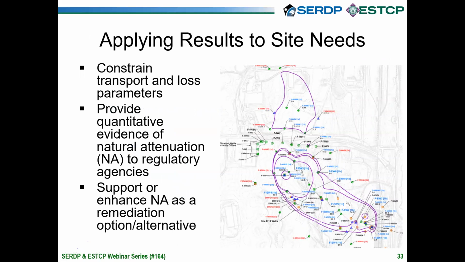Okay, so we can start thinking about how we can apply this to different sites, right? So here are some of the benefits that you get from the work that we've done, constraining these reaction parameters, providing some additional evidence for natural attenuation. But let's just think about a couple of hypothetical or not so hypothetical examples. So I'm thinking of a non-hypothetical example of an RDX contamination in a stream that flows for kilometers.